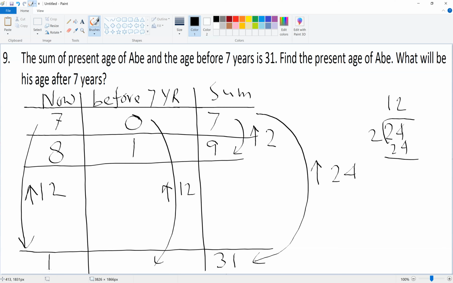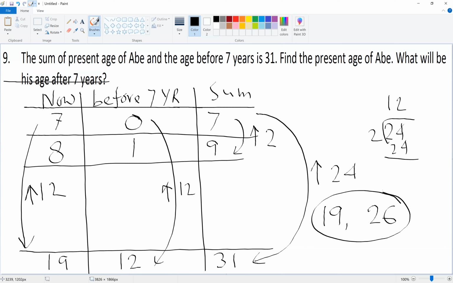So 7 plus 12 is 19. 0 plus 12 is 12. Do you understand? Yes. So present age is 19. So after 7 years would be 26. Do you get it?